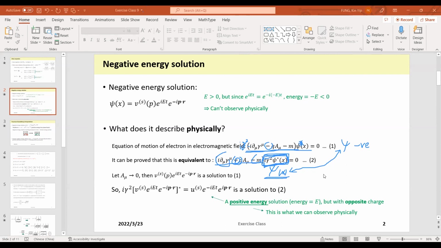Right, but if negative energy is somewhat uncomfortable, then I say adding this thing in front in order to make it have positive energy is equally uncomfortable. Why?